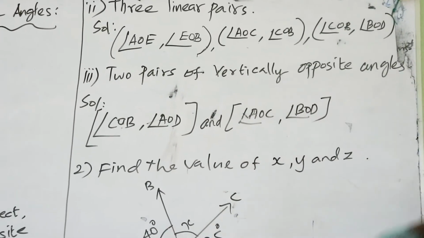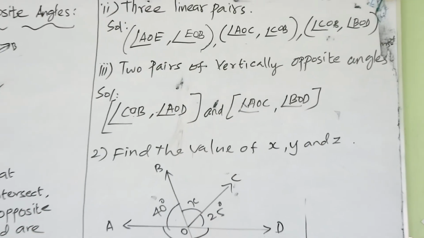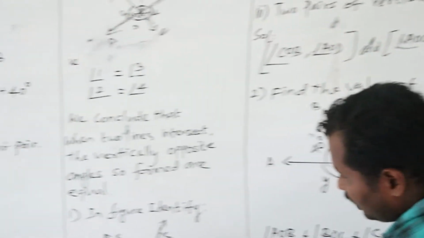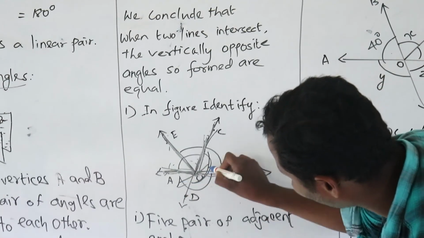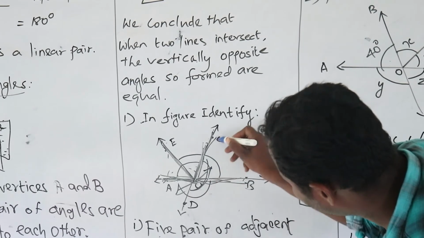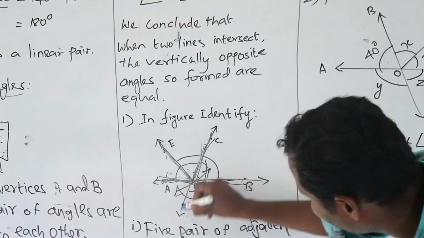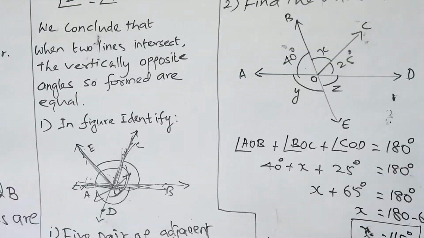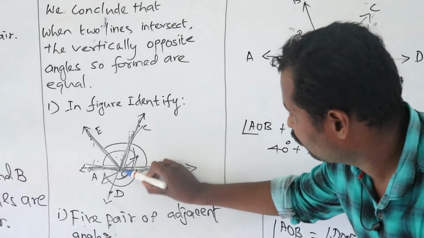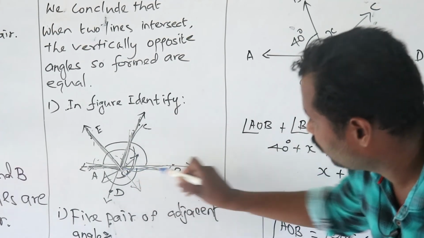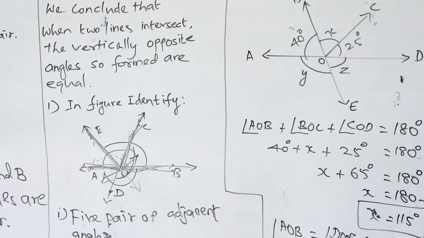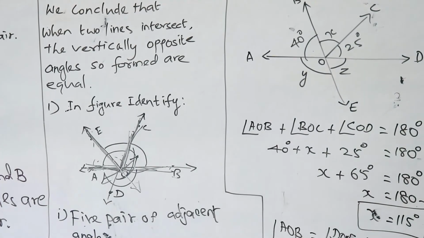Next, 2 pairs of vertically opposite angles. COB and AOD are vertically opposite angles. Next, AOC and DOB are vertically opposite angles.